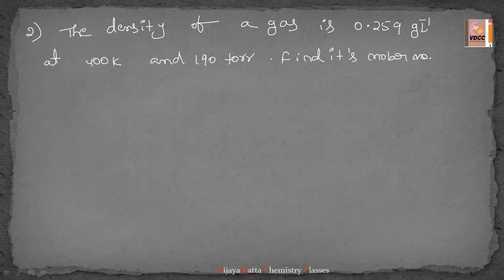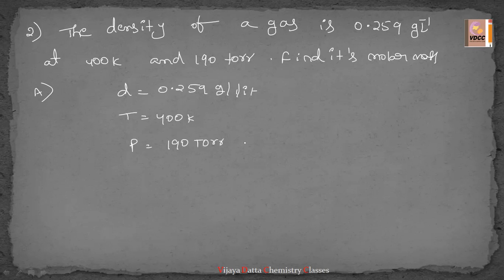First of all, we'll write what data is given. Density of the gas is 0.259 grams per liter. Then the temperature is given in Kelvin only, so no need to change: 400 Kelvin. Pressure is given as 190 torr. So we have to go for the formula.